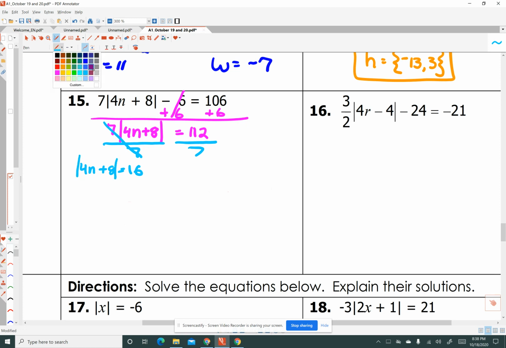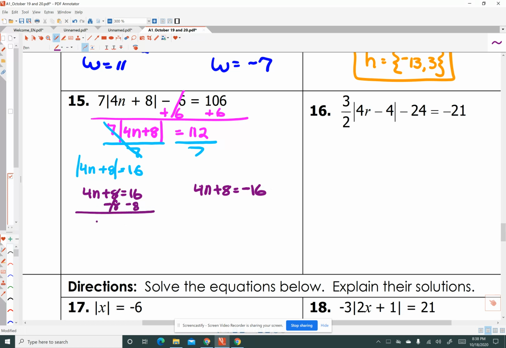Now I'll do my rewrites. 4n plus 8 equals 16. 4n plus 8 equals negative 16. Okay, subtract 8 from both sides. 4n equals 8. Divide both sides by 4. N equals 2.